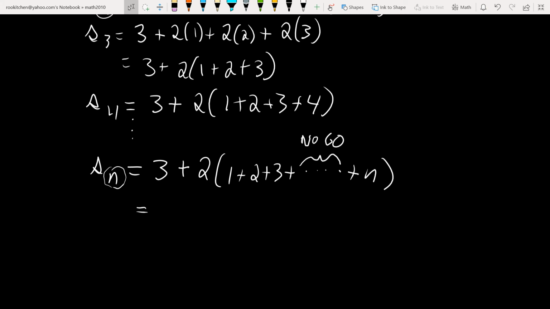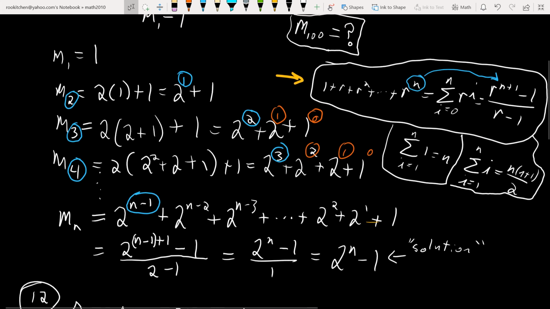Right, so we had a formula for that kind of thing from above. Let's go and look for it. It's this guy right here. That sum from 1 to n of i is 1 plus 2 plus 3 all the way up to plus n.